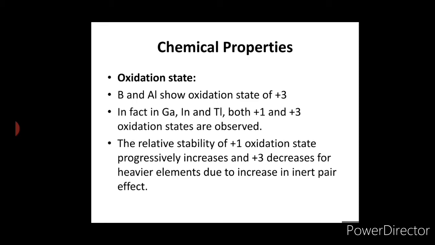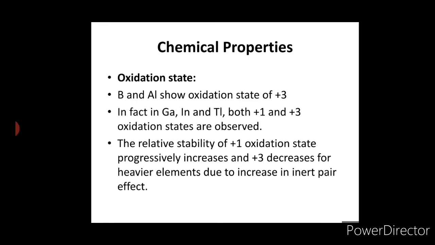In the case of gallium, indium and thallium, they show +1 oxidation state also along with +3. But the stability of the +1 oxidation state increases and the +3 oxidation state decreases down the group due to the increase in inert pair effect.